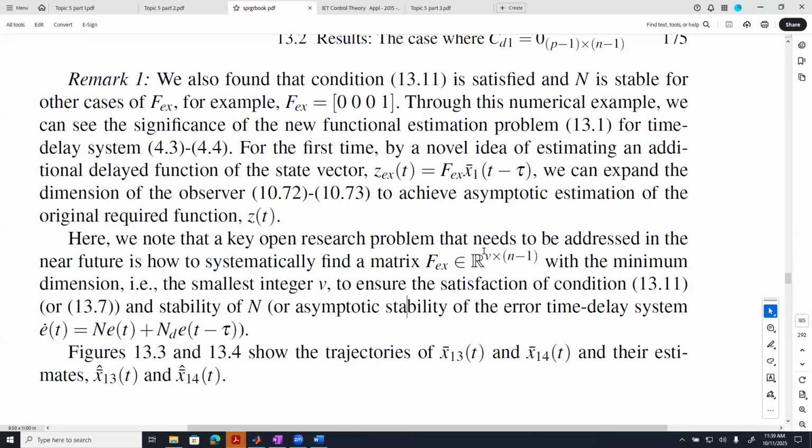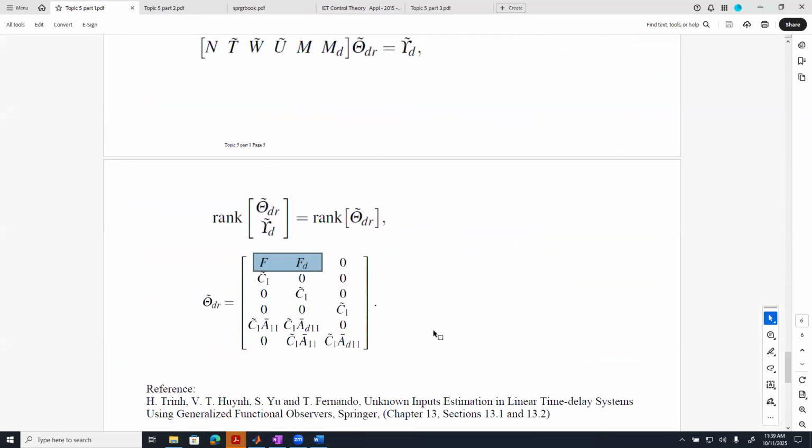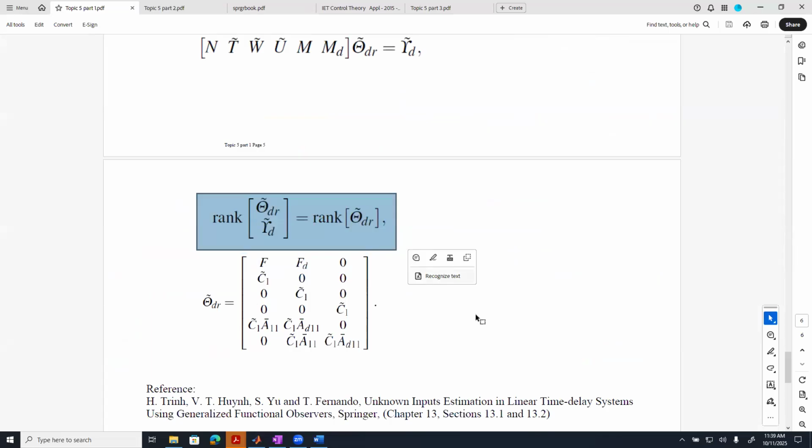In other words, we want the least number of additional rows that we need to add in order to satisfy the condition, which is this condition here. Sometimes when we do the design, we test this condition and find that it's not satisfied, so we have to add additional rows to the existing generalized functional.